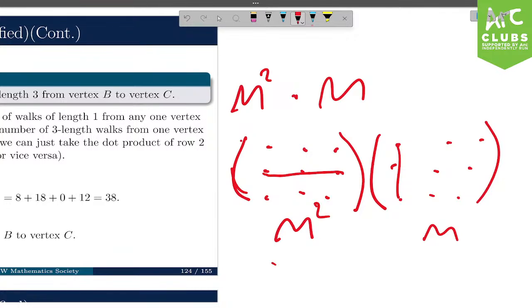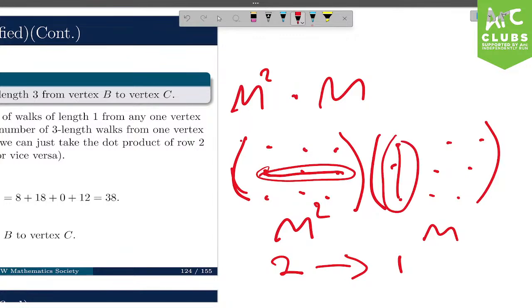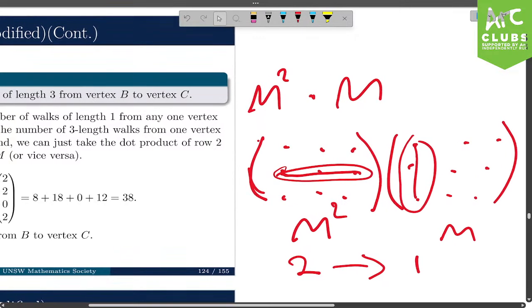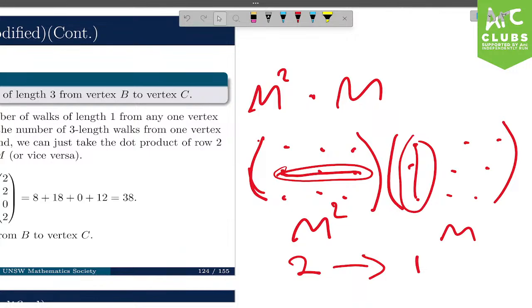So say you want to know the number of length 3 walks from vertex 2 to vertex 1, you can simply take the dot product of this, and that'll give you your answer.